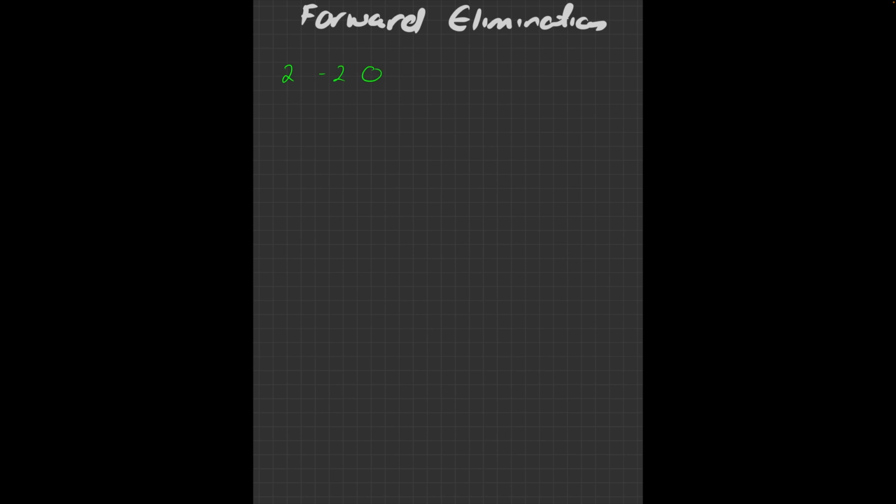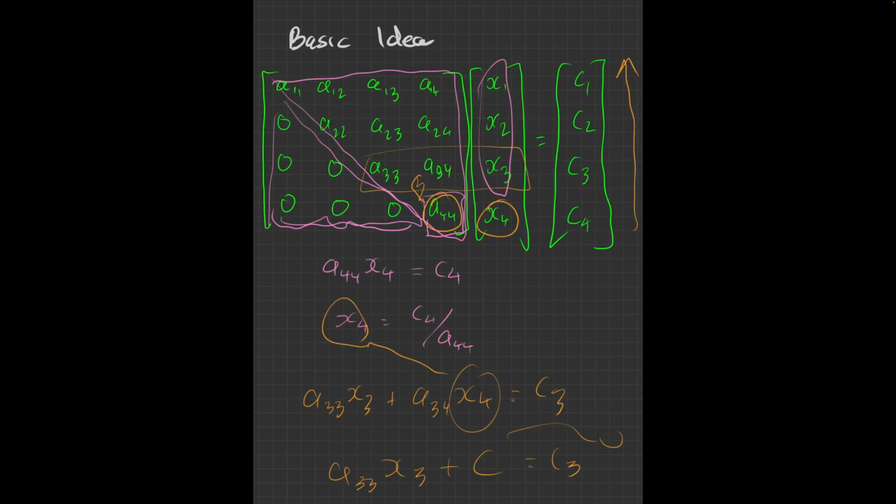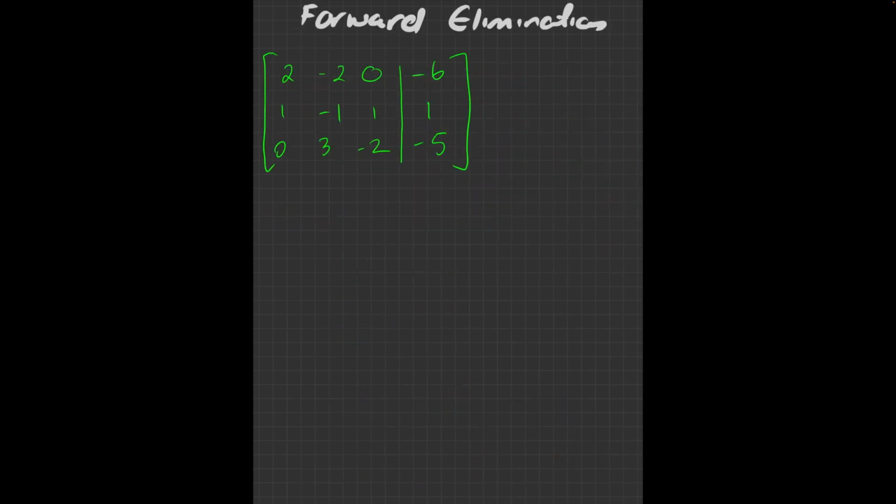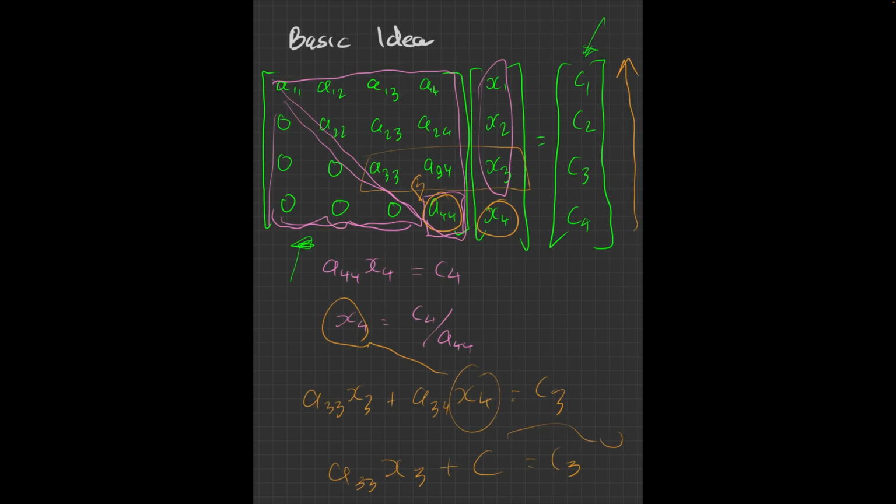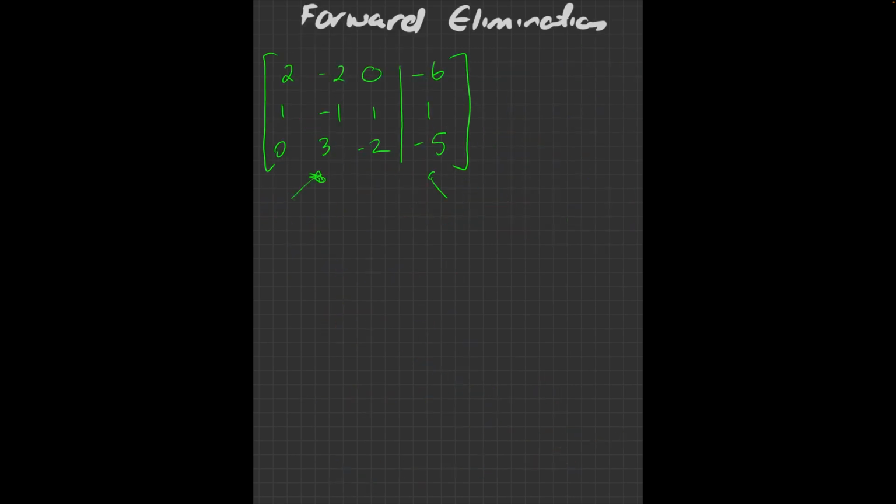Basically, it's just a shorthand of writing what we saw on the previous page. So let's pick some values. Something like this, 0, 3, minus 2. So this would be our matrix of A's. We're just going to do a line here. And these numbers to the right of the line are basically our C values. So we can write the matrix like this. This is called an augmented matrix. If we go back here, those A values are this, and then these constants here are this column here.